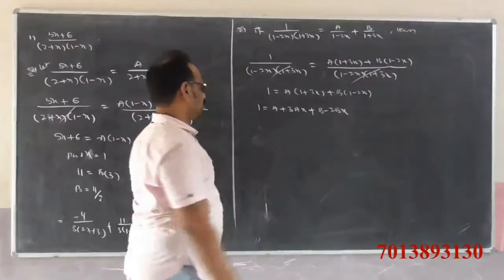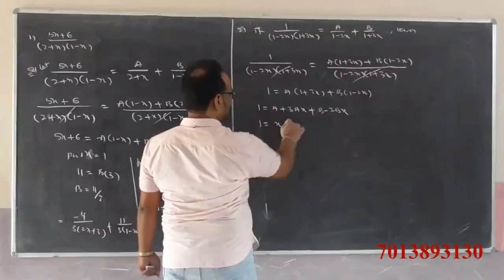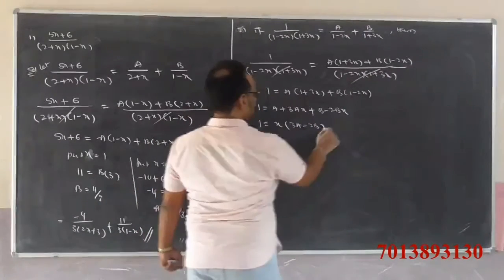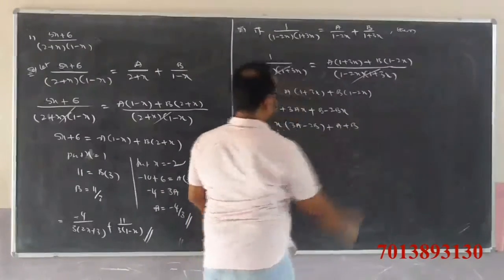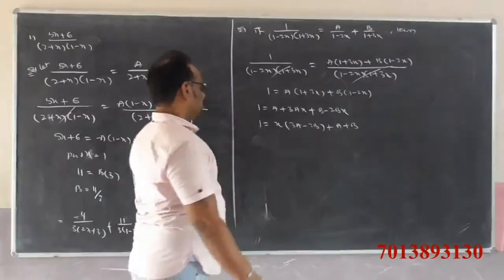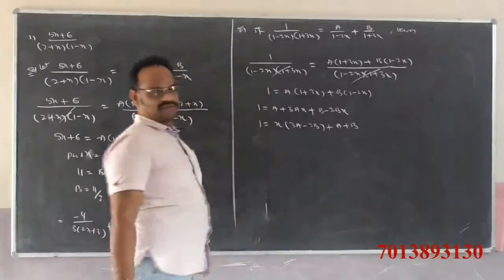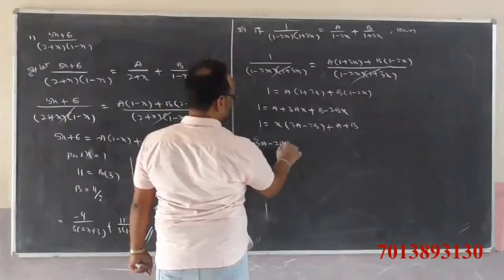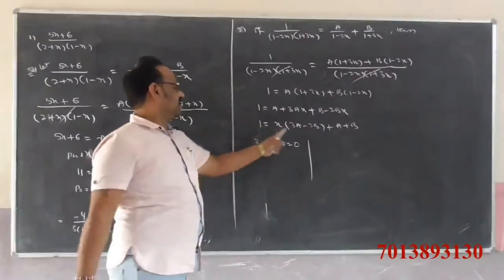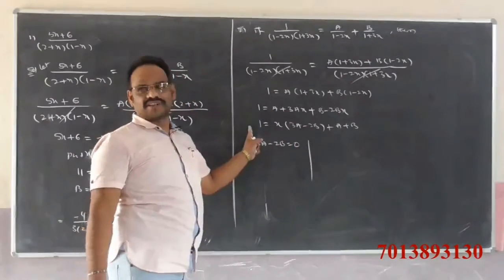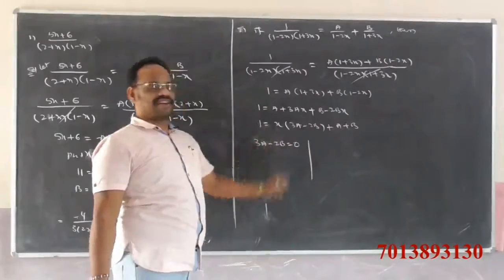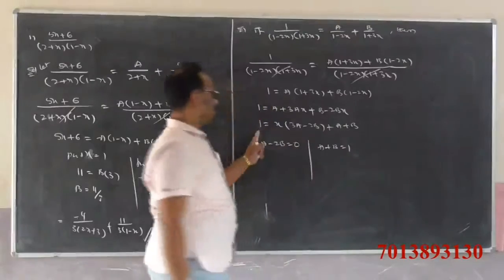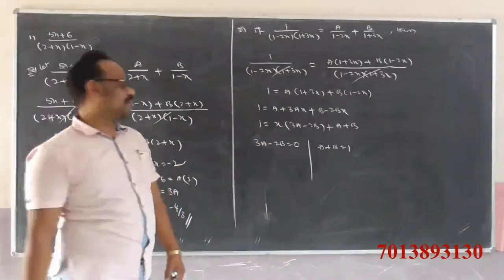Taking x as common, 1 is equal to 3A minus 2B into x plus A plus B, which is the constant. Clearly, the x coefficient on the left is 0, so 3A minus 2B is equal to 0. And A plus B is equal to the constant, which is 1.